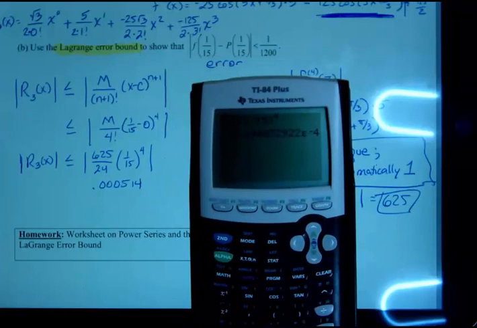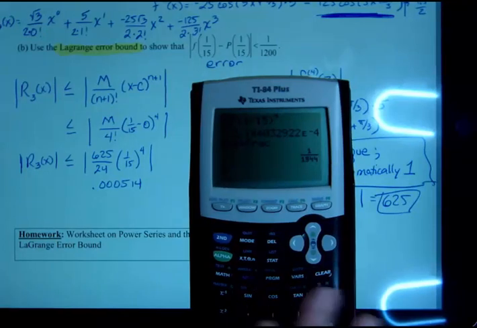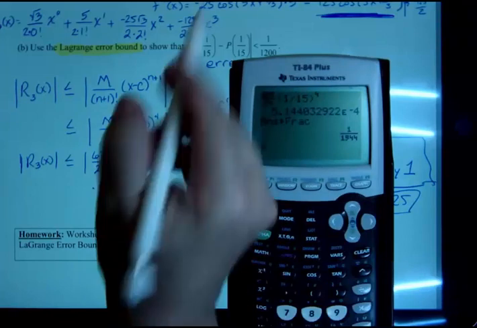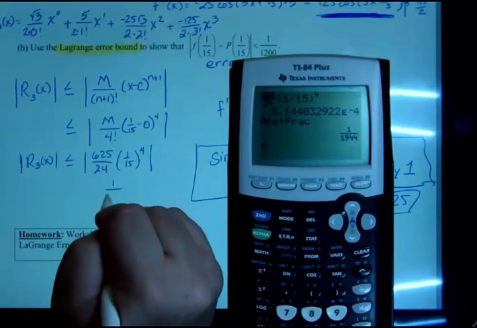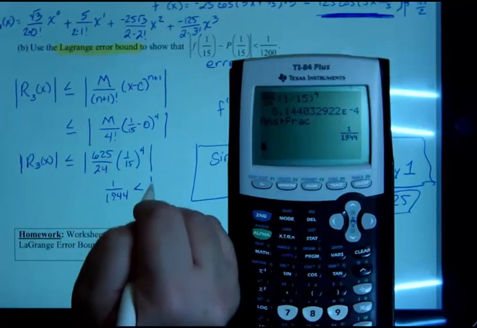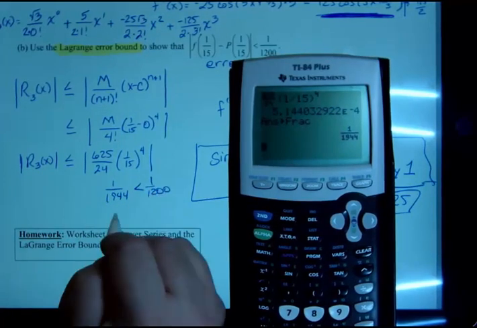Let's make it a fraction. Oh, my calculator did it this time. Is that less than 1 over 1200? Yes. So, I can go back and erase my decimal. I didn't need it. If you left it, that's okay. 1 over 1944 is less than 1 over 1200, and I am done.